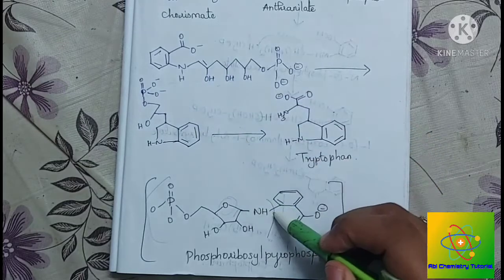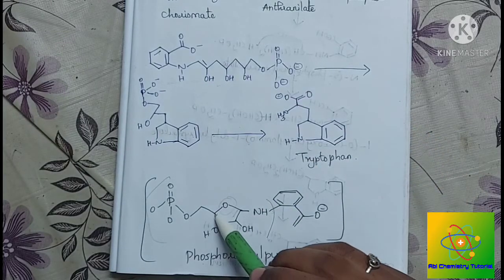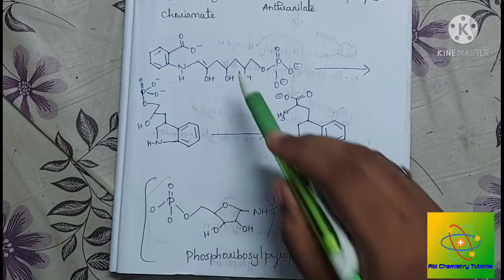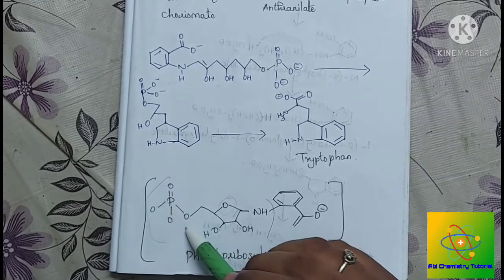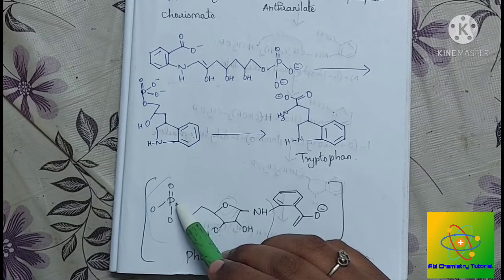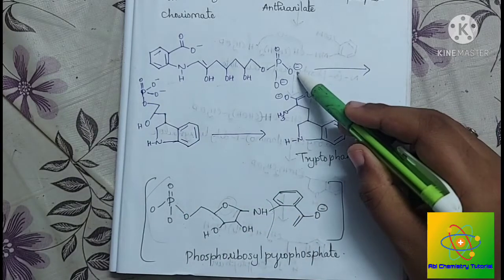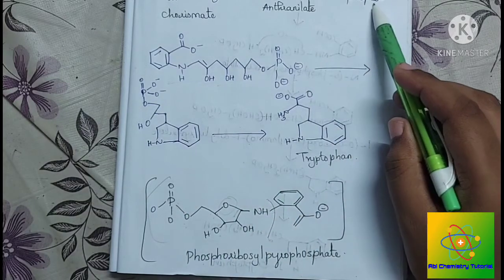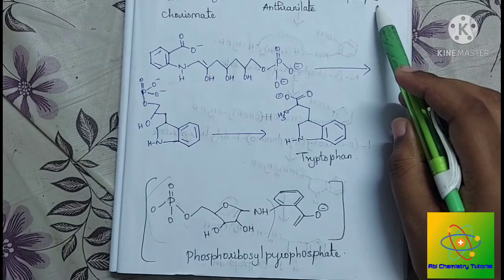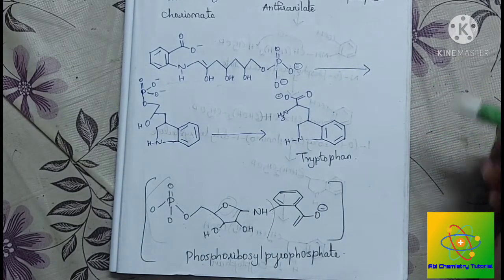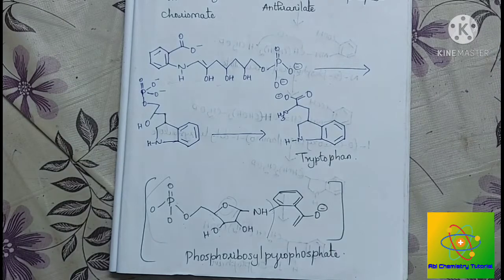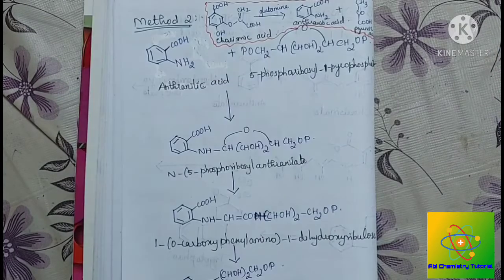To this NH is attached, then we have 2 OH. Instead of this bond, here also we get 1 OH. Then you can see 1 oxygen, phosphorus, then 3 oxygens attached to this phosphorus. Here you can see phosphoribosyl pyrophosphate plays a major role in the formation of tryptophan. So this is the first method of the biosynthesis of tryptophan.